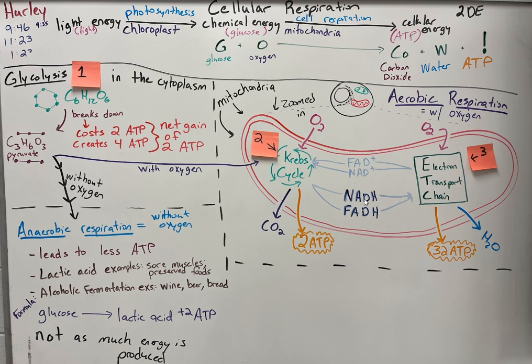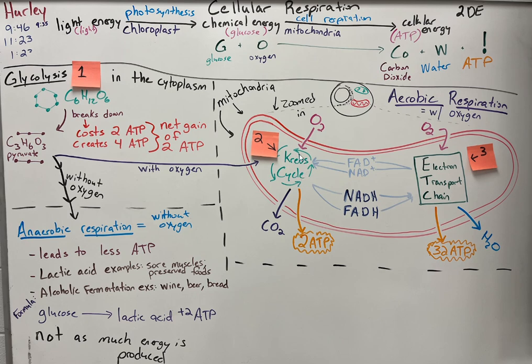And then when the NADH and FADH are used up, similar to how we did in the chloroplast yesterday, they're going to be sent back as FAD plus and NAD plus to the Krebs cycle, and they're going to be charged and sent back. So it's going to be this cycle.